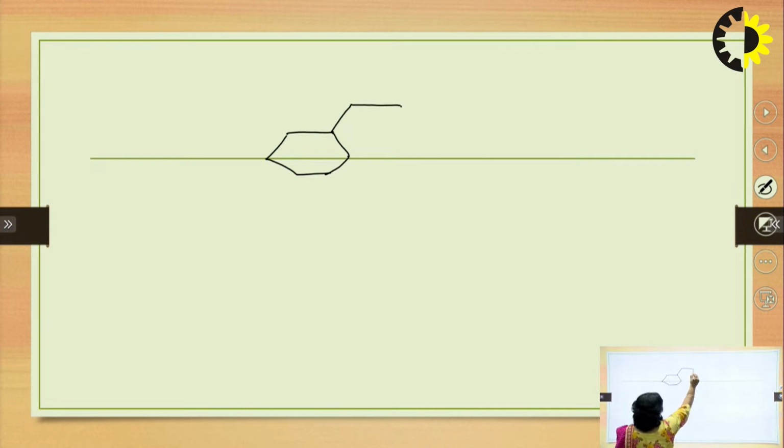So let us draw the structure, as we generally find it difficult to draw the structure of graphite. So, for the sake of ease, I am just drawing it. Just make two layers, one over the other layer.